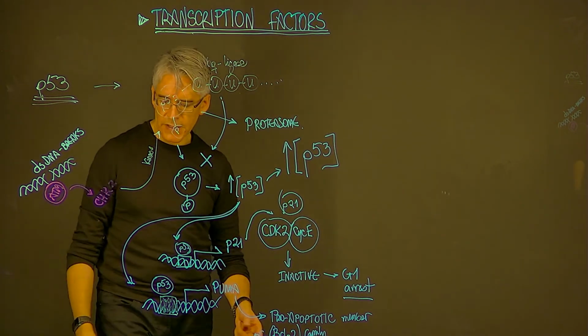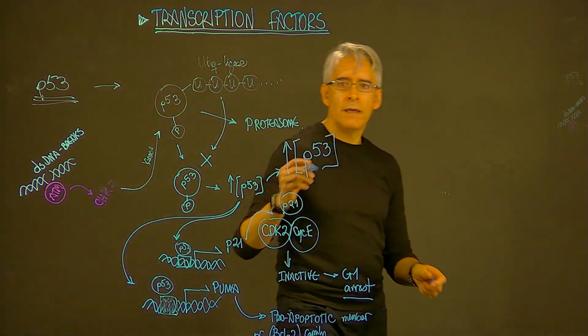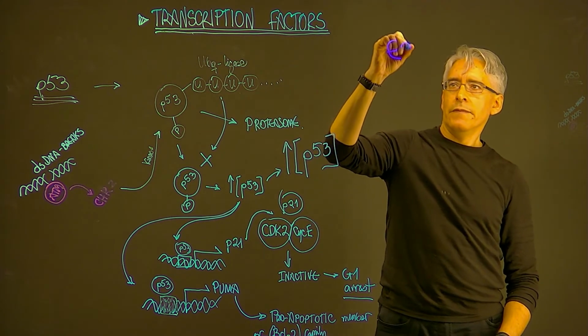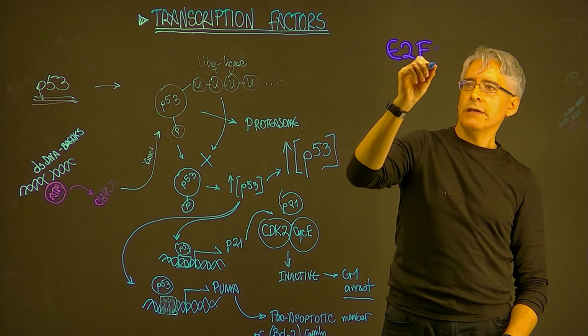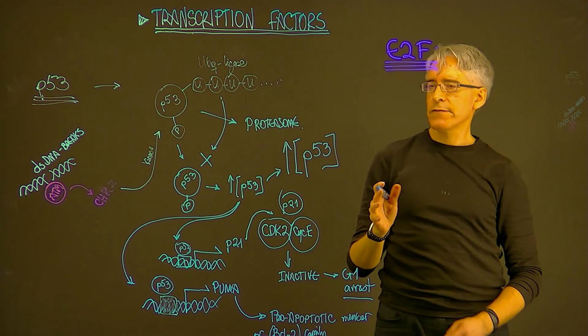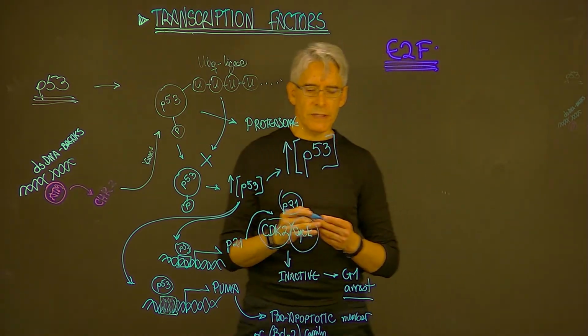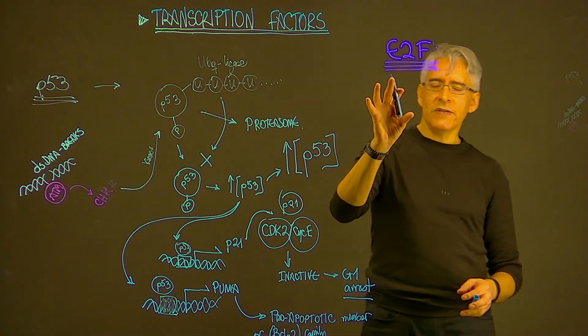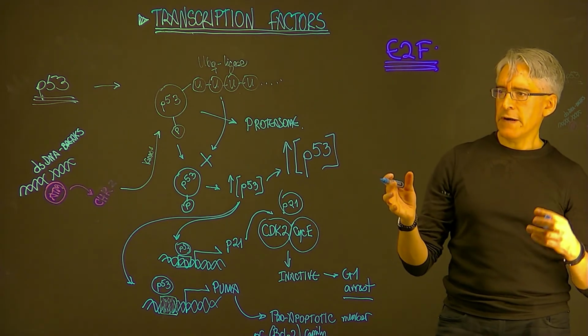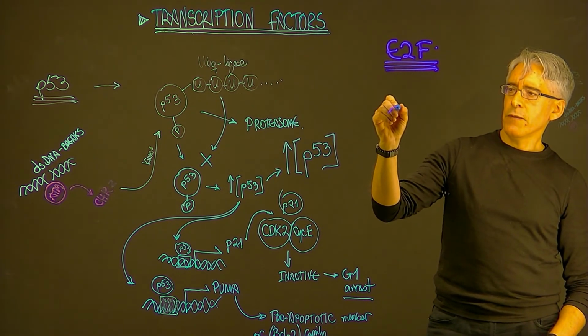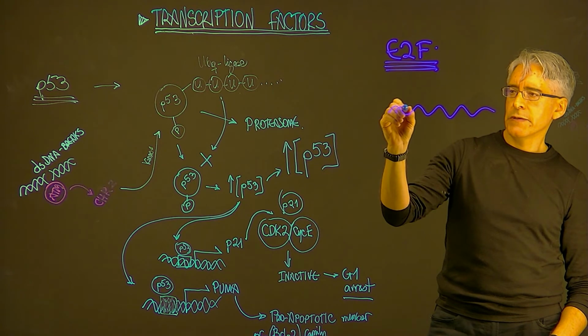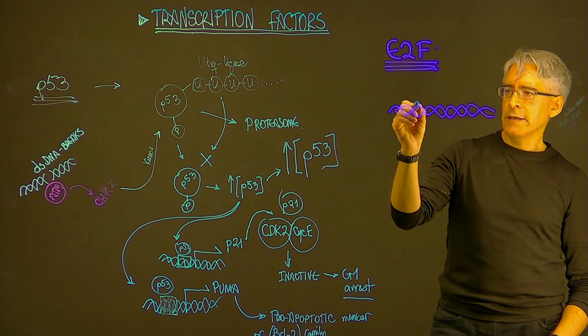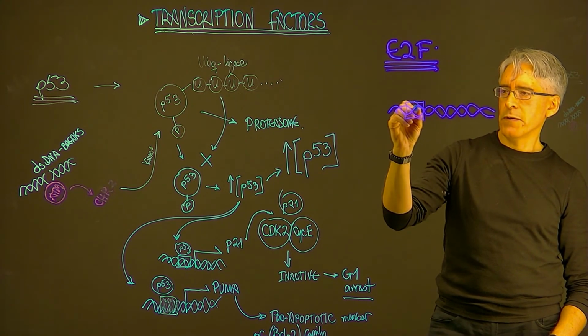video, and that is E2F. So E2F is another specific transcription factor that plays an essential role within the cell. So E2F is normally produced at fairly high levels within the cell, and when E2F is produced, it has the ability to bind to a specific set of promoters within the cell.